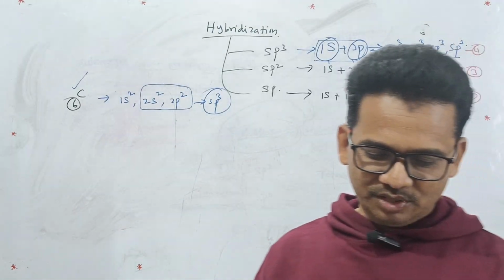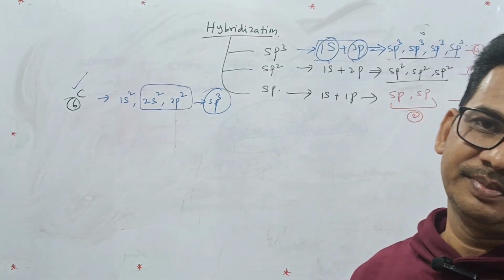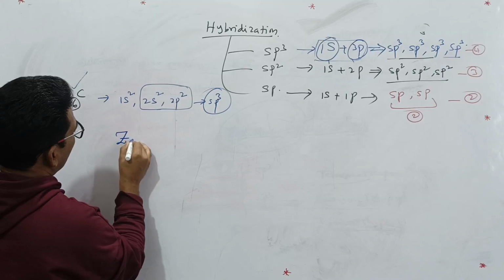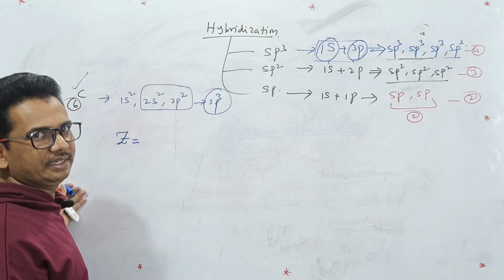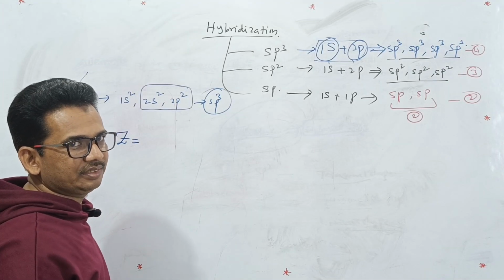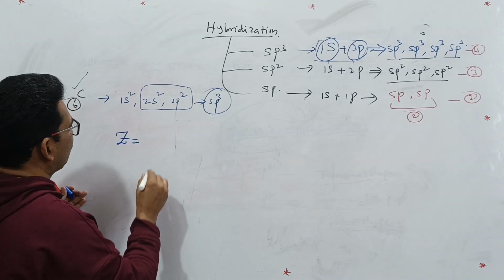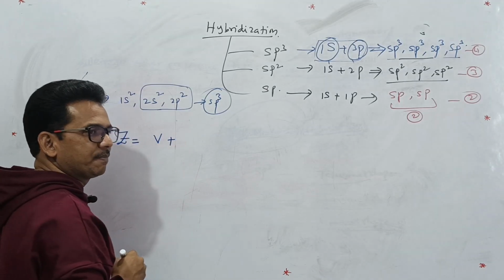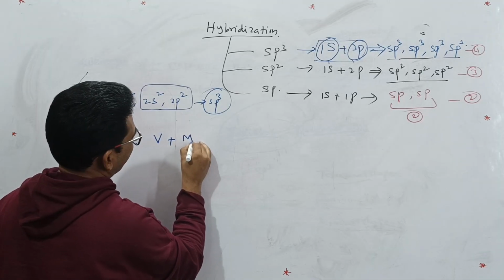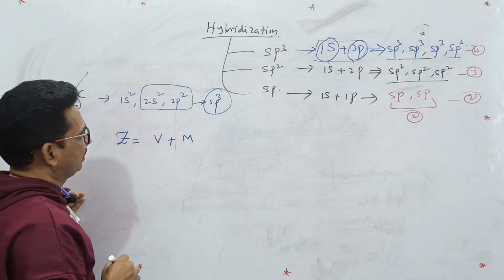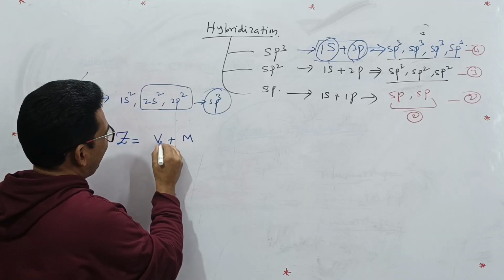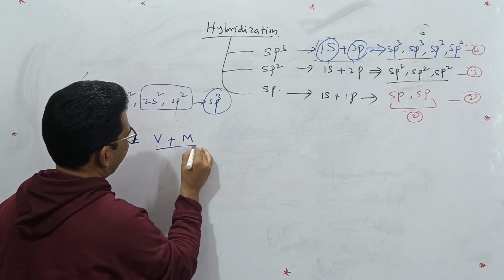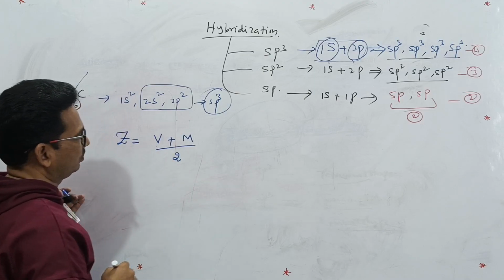For that we have the formula. What formula do we have here? Z is equal to, that is nothing but the type of hybridization. Z is equal to V plus M divided by 2.